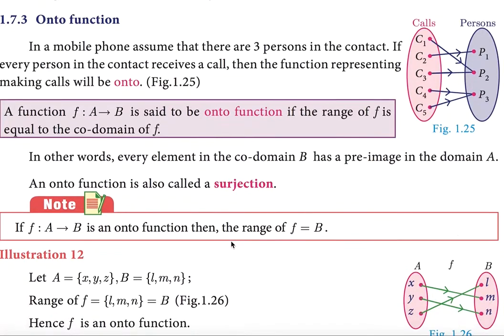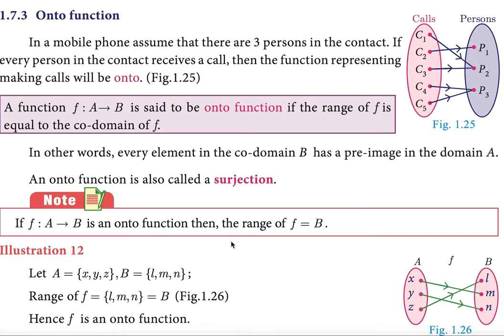Onto function. In a mobile phone, assume that there are three persons in contact. If every person in the contact receives a call, then the function representing making calls will be onto. What does that mean?